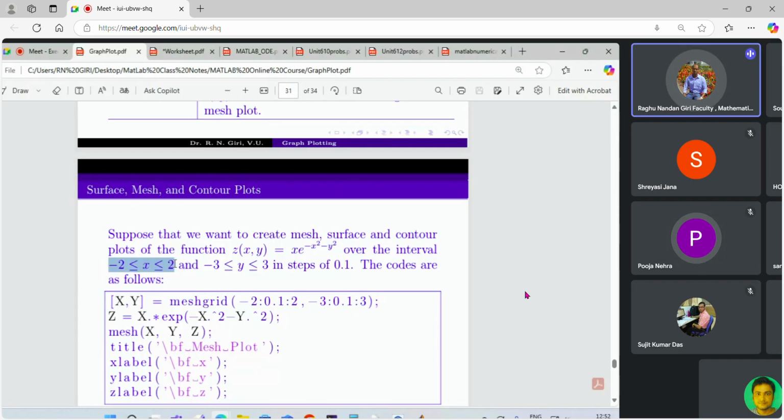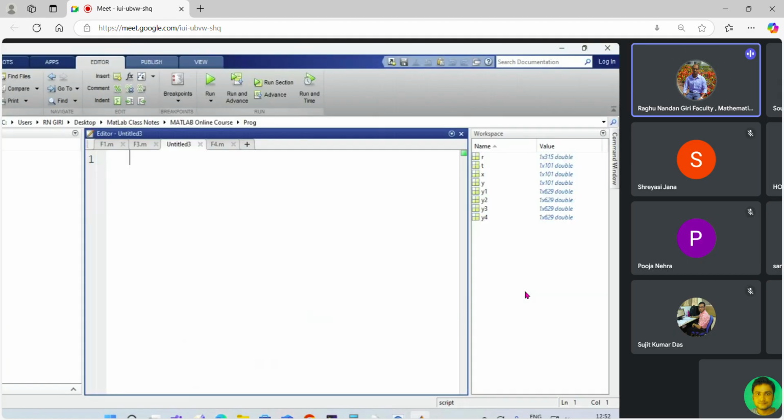So first, the x limit is minus 2 to 2 and the y limit is minus 3 to 3. So small x equal to minus 2 colon 0.1 colon 2. This is a vector, x is a vector from minus 2 to 2. Then y is a vector from minus 3 to 3.